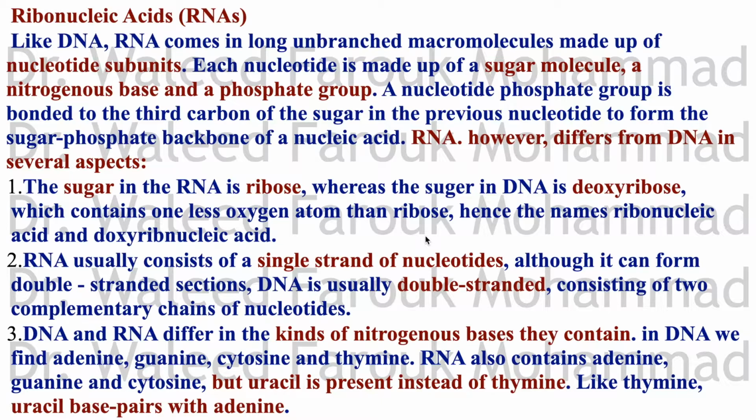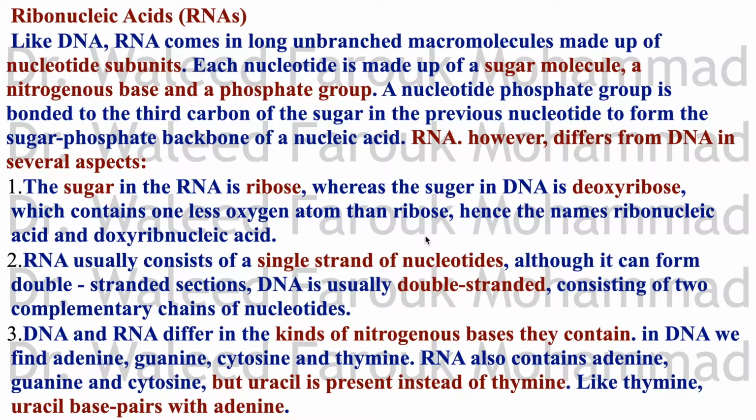RNA is usually a single strand, and the DNA is a double strand, but you can get double strands, complementary chains of nucleotides. DNA differs from RNA in the kinds of nitrogenous bases they contain. I mean, both of them contain adenine, guanine, and cytosine.